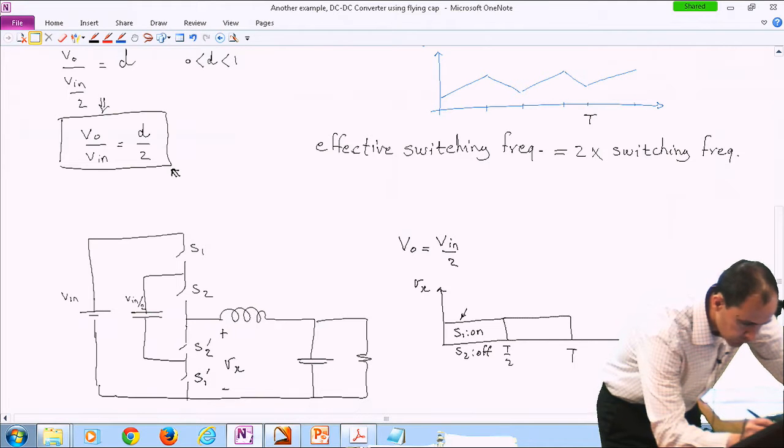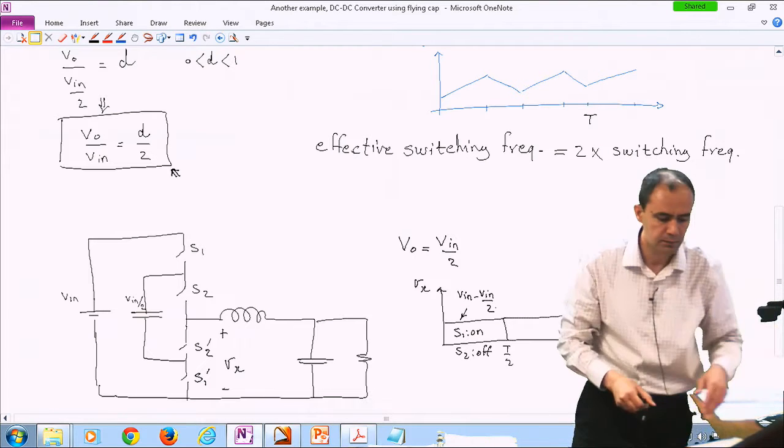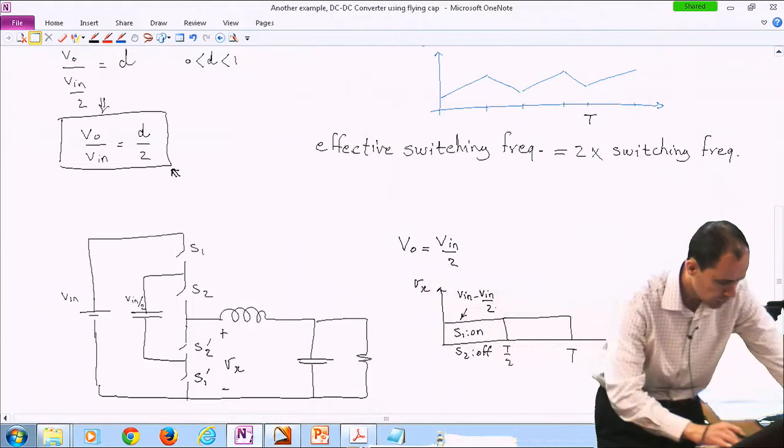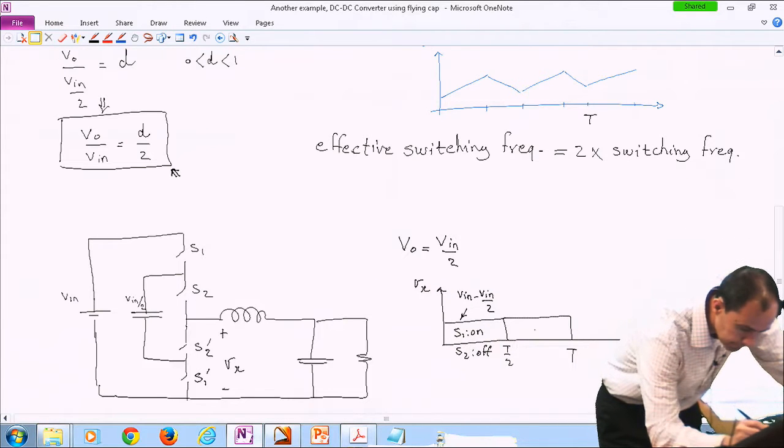So this level would be Vin minus Vin over 2. And then for the second half of your period, you just turn S2 on and S1 off. This gives you again Vin over 2, which is Vc.